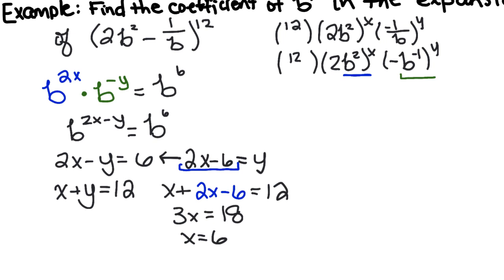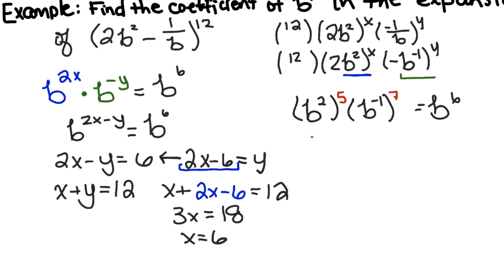Now, another way of doing this is just seeing what works. So if I have b squared to something times b to the negative 1 to the something, and I need this to be b to the 6th, I can try different things. So I could do a 5 here and then 7 here because those have to add up to 12.